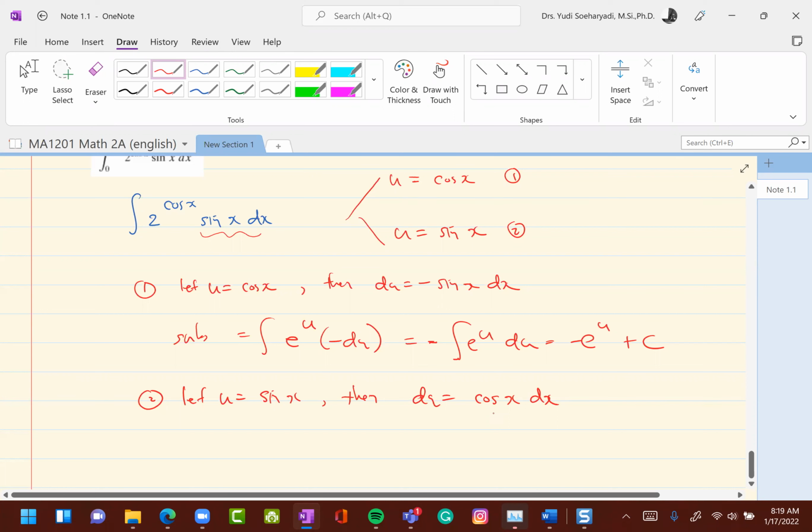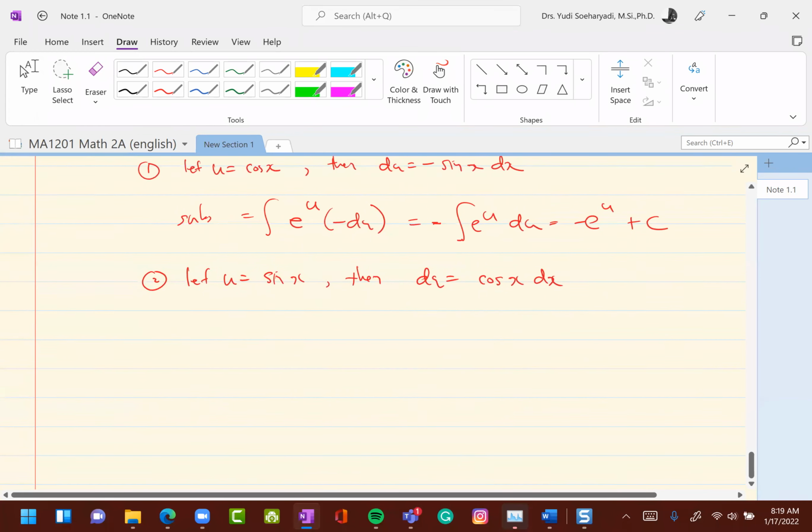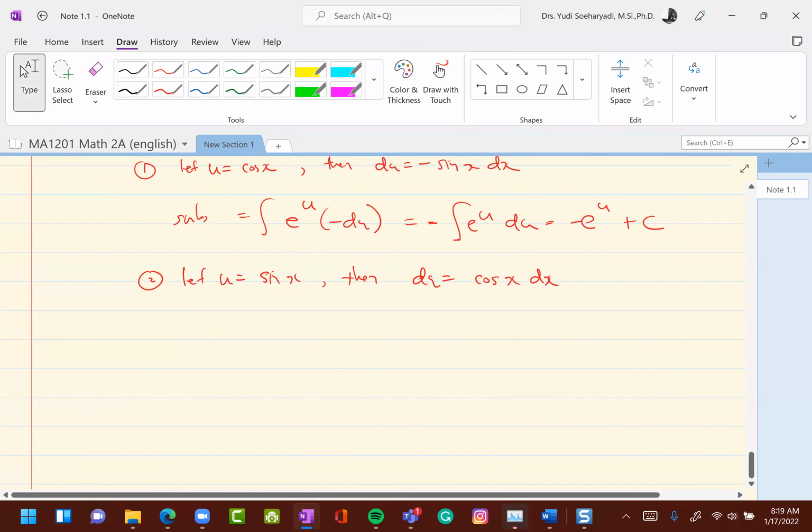Unless, if you use this one, you should change this as 1 over sine square x, right? So then this gives you 1 over u square dx.